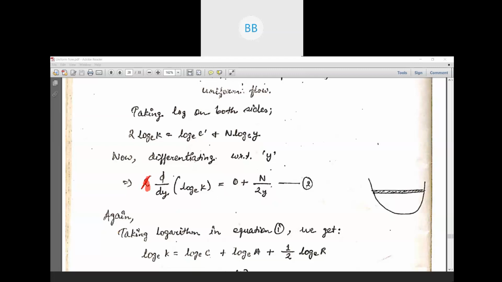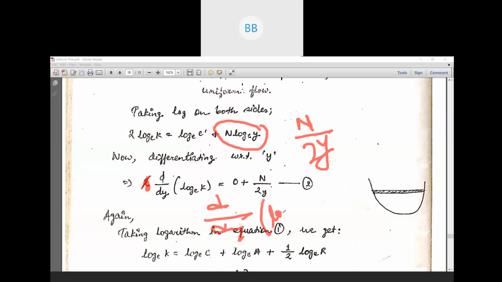This 2 we bring to the left hand side, so it will be N by 2y. So we can directly write d by dy of log K is equal to N by 2y.